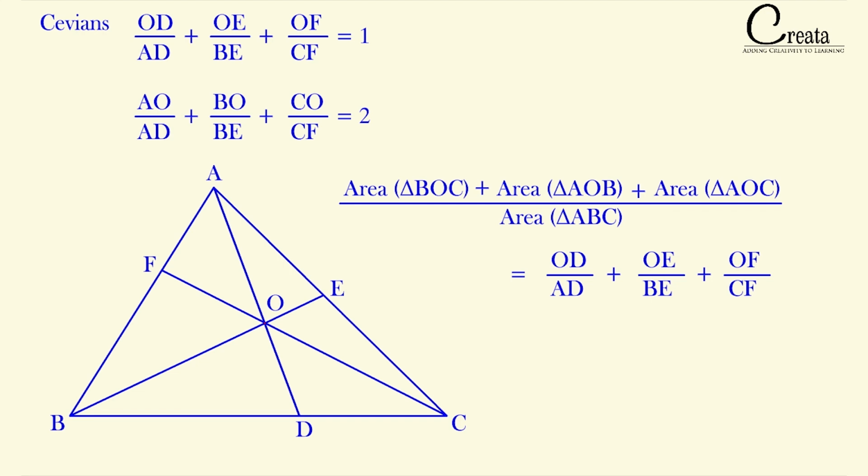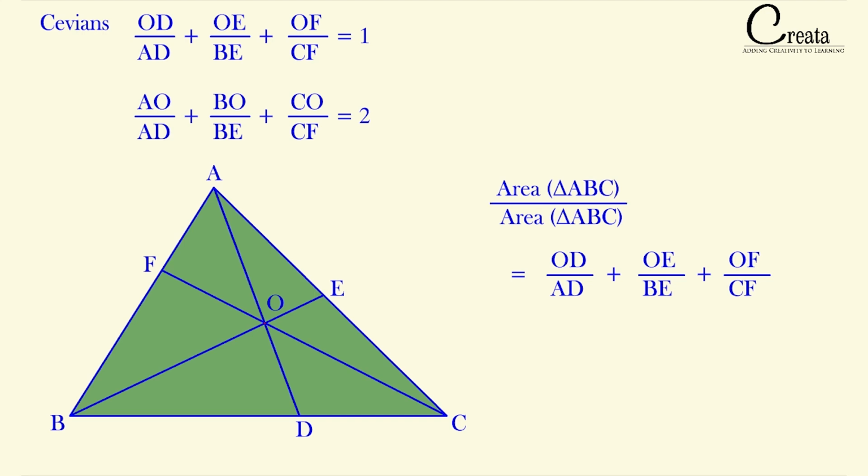Further, if you observe, area of triangle BOC plus area of triangle AOB plus area of triangle AOC is equal to the area of this complete triangle ABC. Let's replace this with the area of triangle ABC. On solving, we got OD upon AD plus OE upon BE plus OF upon CF is equal to 1. Okay, this is our first formula. Got it?